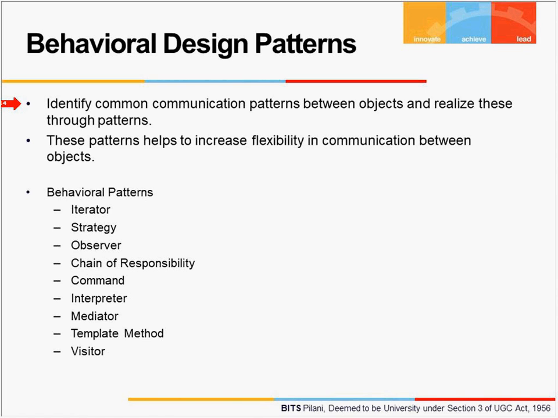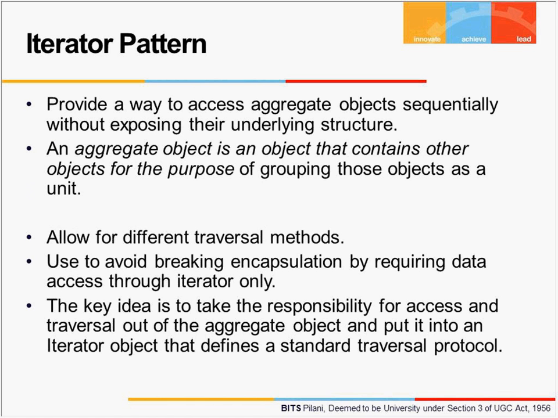These patterns help to increase flexibility in communication between the objects. Some examples of behavioral design patterns: iterator, strategy, observer, command, interpreter, template, etc. Today we are going to take up first the iterator pattern, and the next would be the observer pattern. The iterator pattern right away.